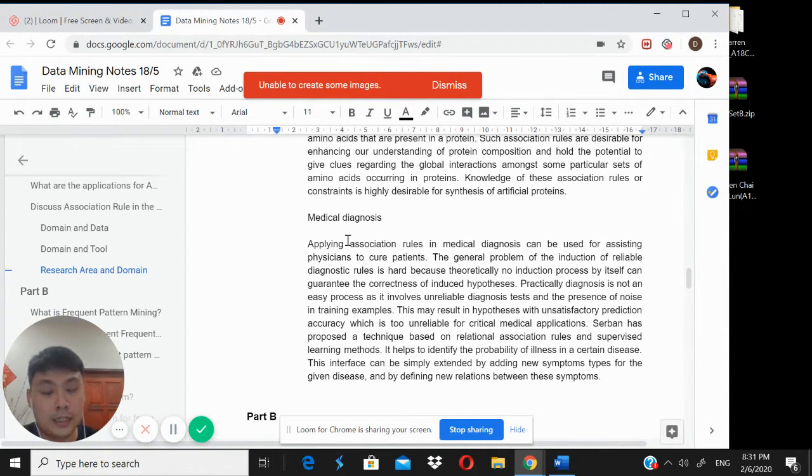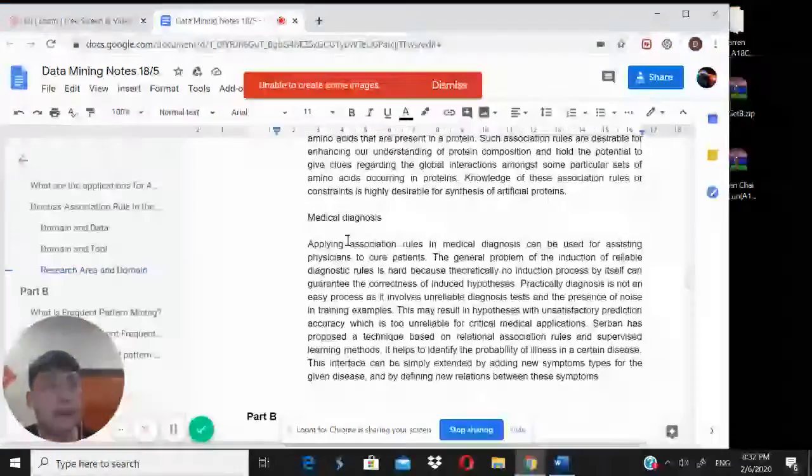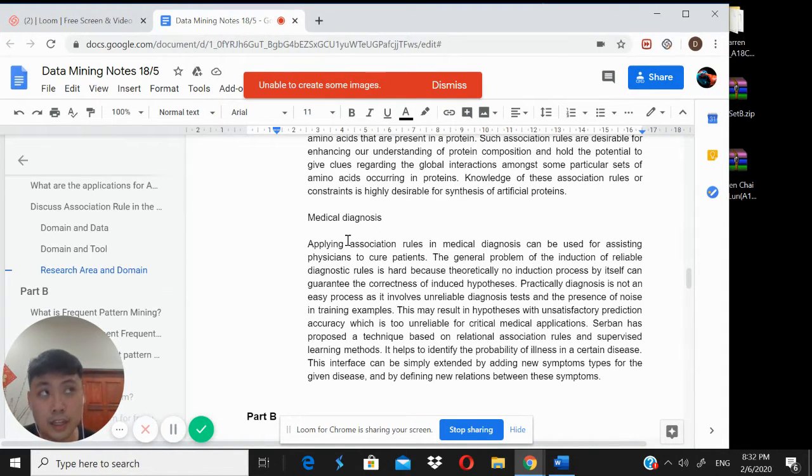Not only that, it is actually used in medical sales, by people who sell medicine. For example, in pharmacies, if we try to know which type of medicine has the highest demand in the market, and we also want to find the relationship between the highest demand medicine and its relation to another type of medicine.